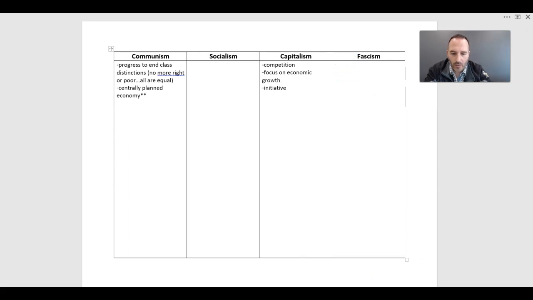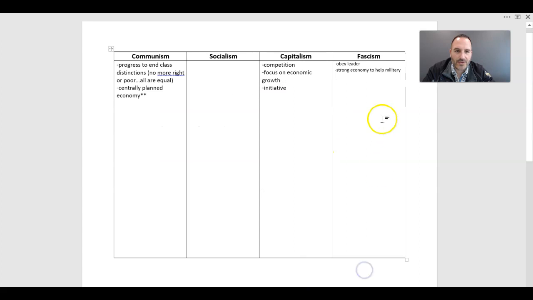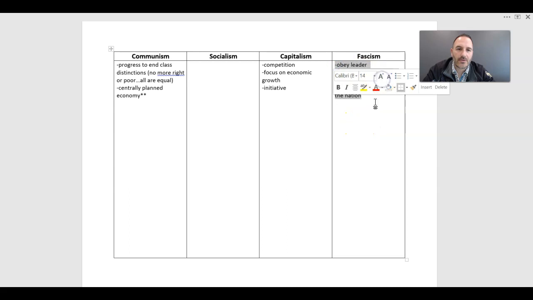We're going to say obey leader, strong economy to help military. What else did we get in that one here? Let's put in there too. There's also unity. I didn't highlight it, but unity for the strength of the nation. And again, I'll make this larger because it's a little hard to read.